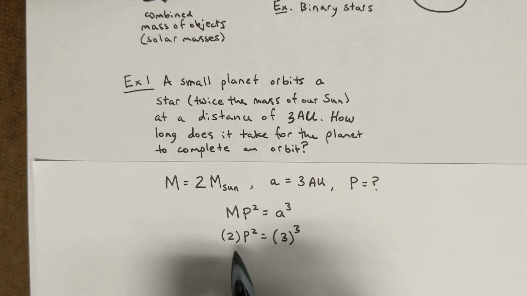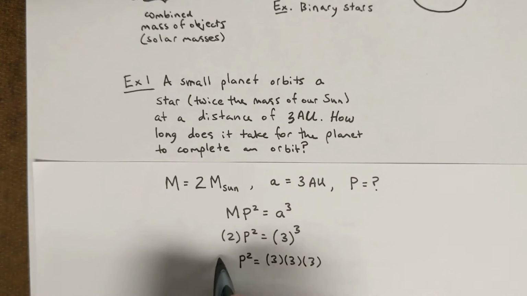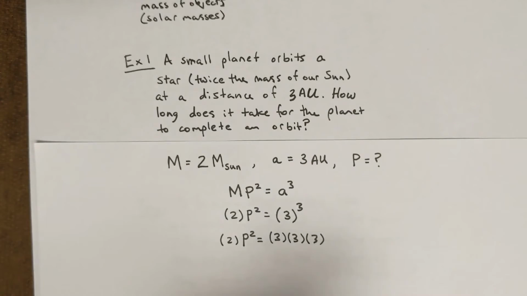So we've got 2 P squared is equal to 3 times 3 times 3. Cube means multiply 3 by itself 3 times. So 3 times 3 is 9, times 3 is 27. So we've got 27 on one side, and 2 P squared on the other side.